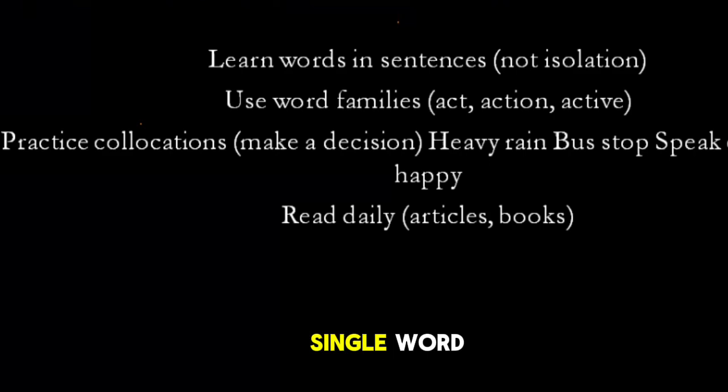For example, a single word act has a single meaning, and later on, if we add a suffix, ion, making action, its category would be changed, its family would be changed.